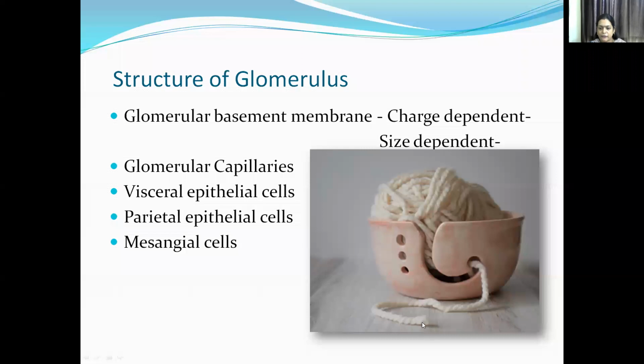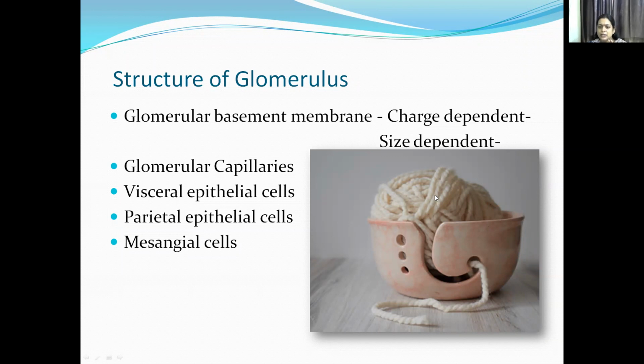So here you have, suppose this thread resembles the afferent arteriole, and here you have a tuft of these capillaries which are formed. If you have something like this at the other end too, that is the efferent arteriole. So what do you have? You have a space where the glomerulus lies. This space is called the Bowman space.